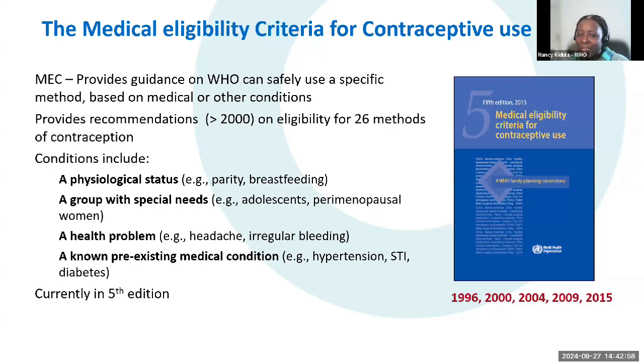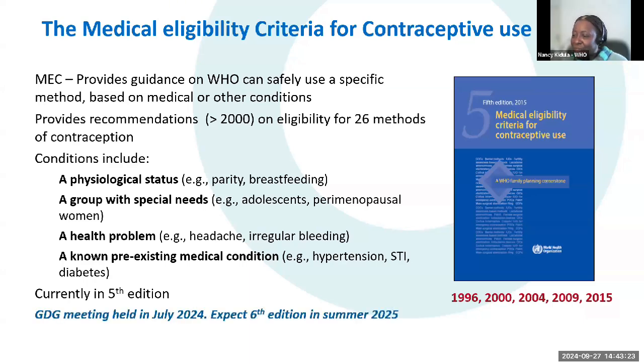We want to know which methods are safe to use in these kinds of groups. If you have a health problem, like headache, irregular bleeding, or a pre-existing medical condition, hypertension, diabetes, heart disease, etc. So this is what will tell you which methods are safe to use in those conditions.